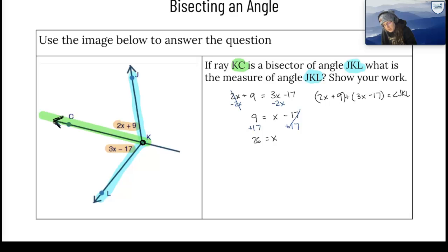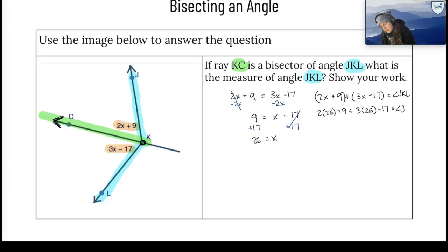Now we're going to substitute in our answer, which was 26. We don't need the parentheses anymore because we're just adding two things together. See how I'm just substituting in the 26 for the x?